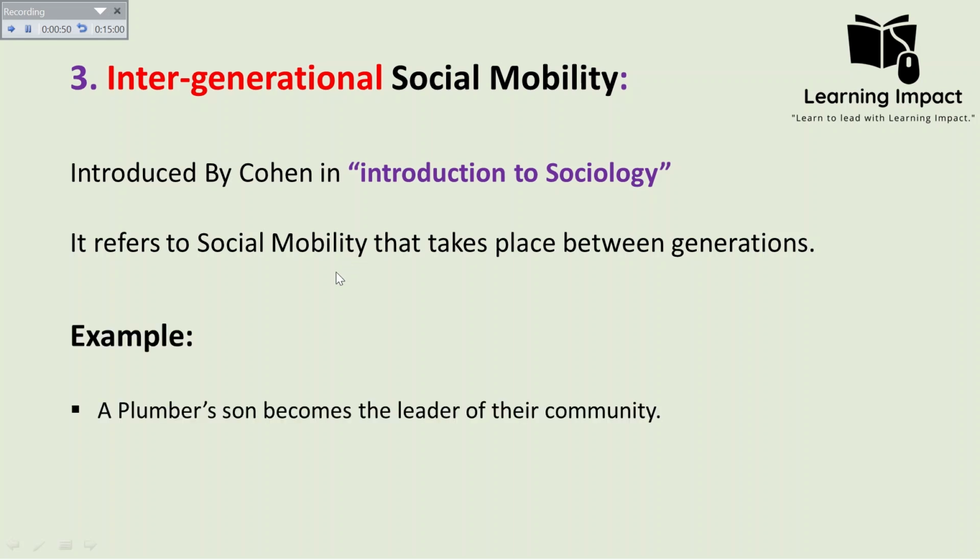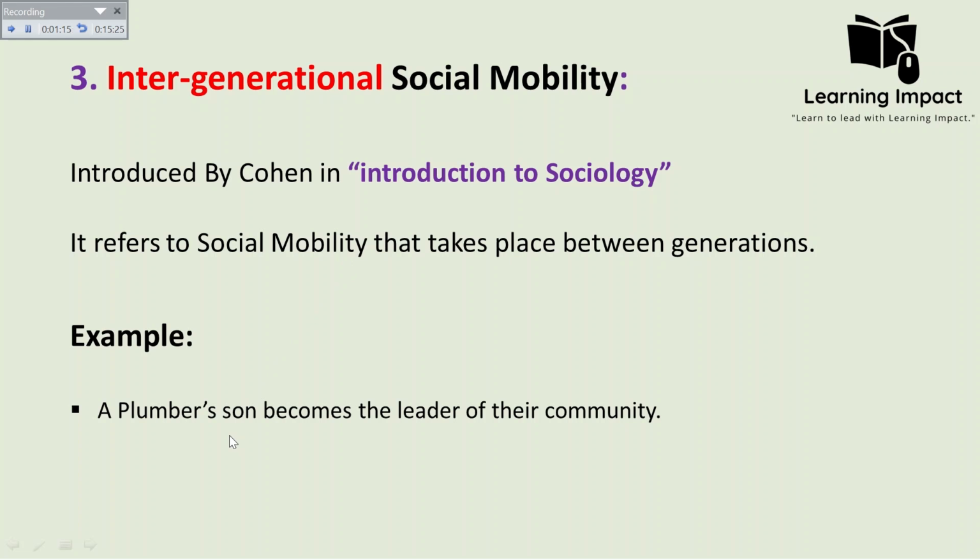Now, in the case of the plumber's son becoming the leader of their community: if the plumber, who was the father, has a son who becomes the leader of their community, this is intergenerational mobility. But if the plumber himself changed his social status by hard work or by becoming leader of the community, then it would be called intra-generational. But he himself hasn't changed it.